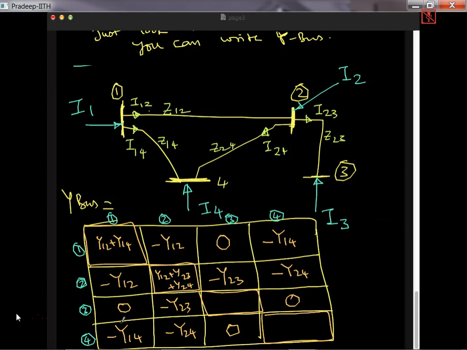Again add all these three and remove the minus sign. Now if you look at this, this Y bus is exactly the same as the Y bus that we got above.